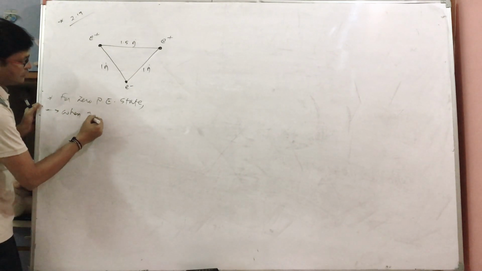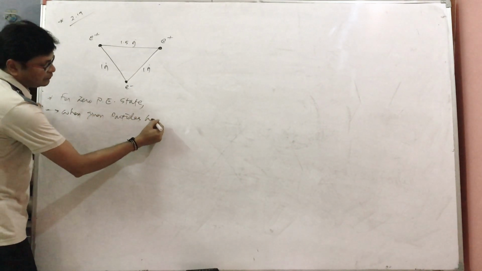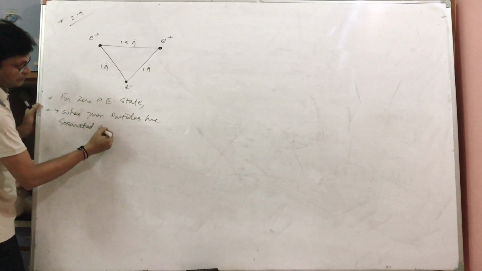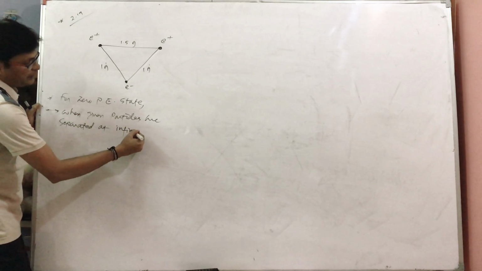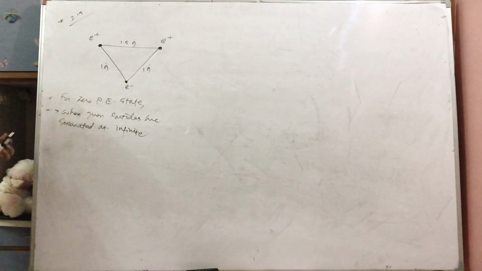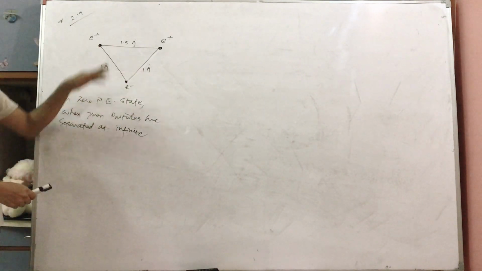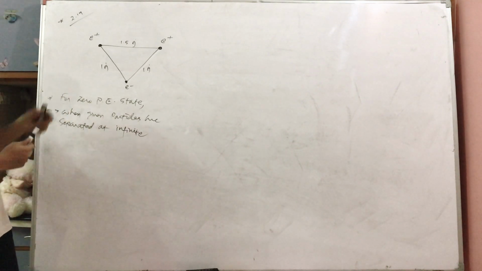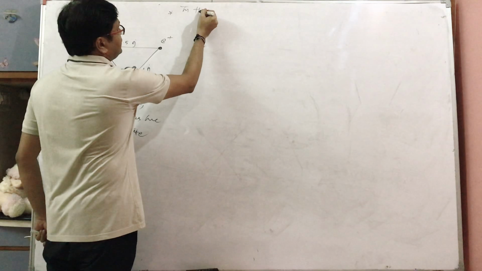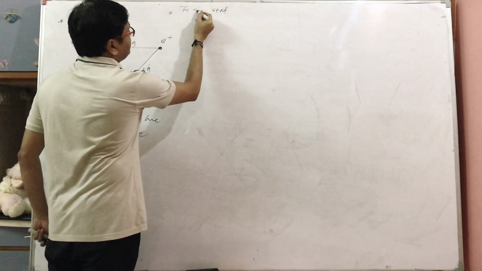We know that very well. In this state we obtain zero potential energy. So this is the state. Now for the given situation, we need the total potential energy in the given state.